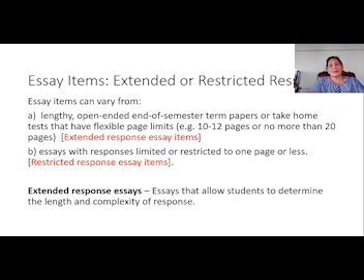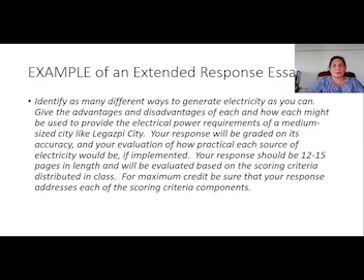So still we have to specify the length. No more than. Okay. And we also have, all right, let's take this. Take a look at this example of extended response essays. Identify as many different ways to generate electricity as you can.